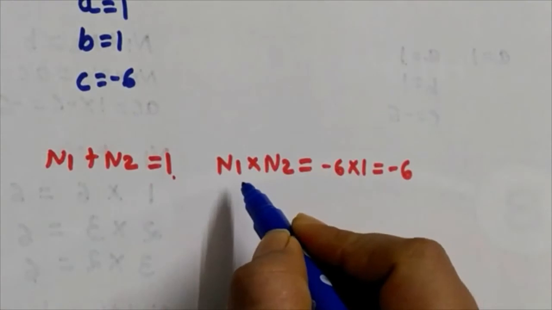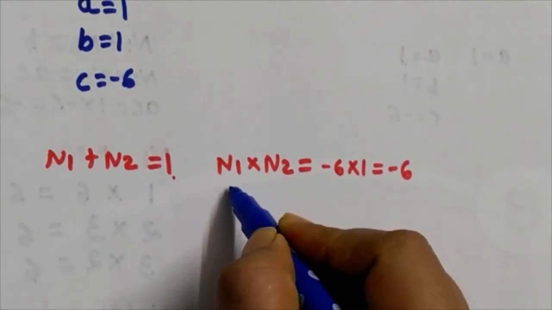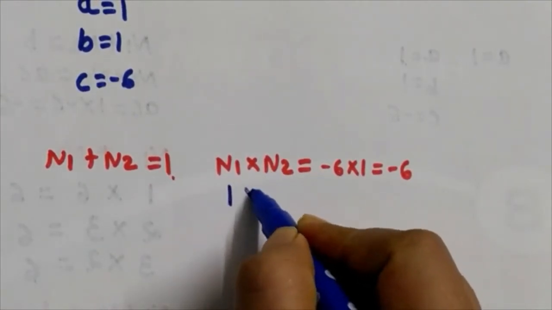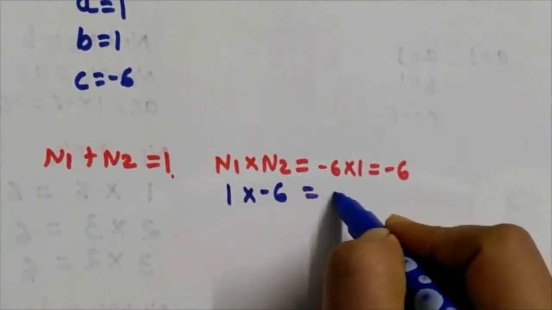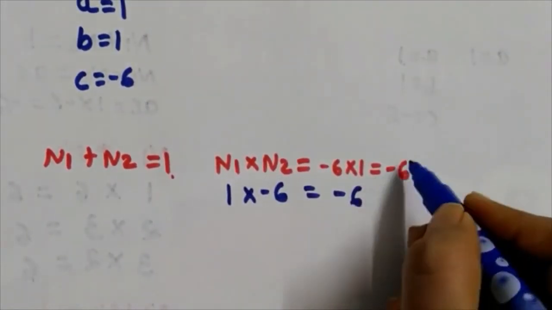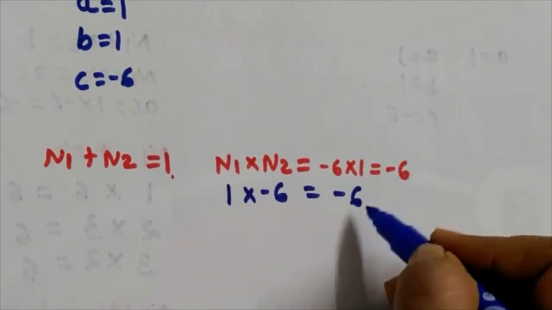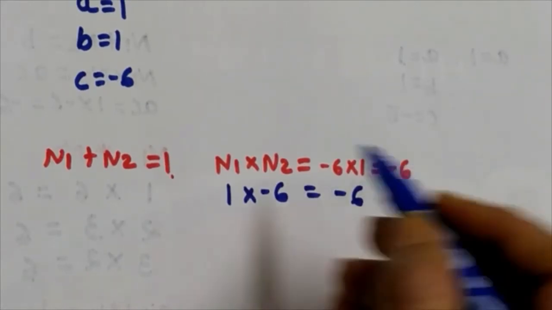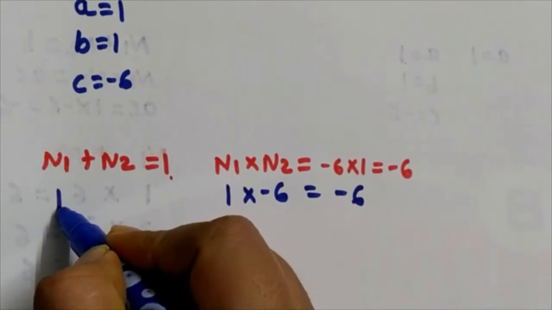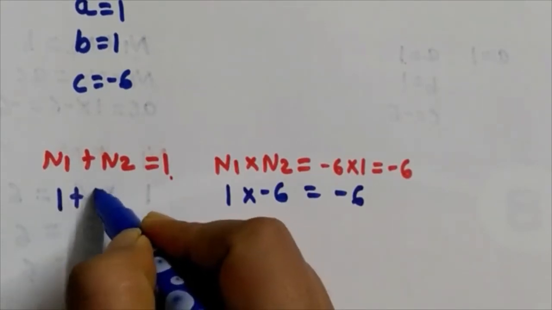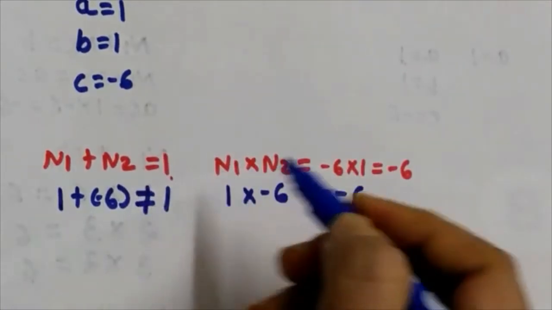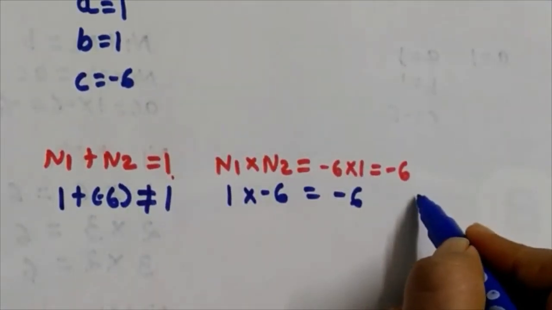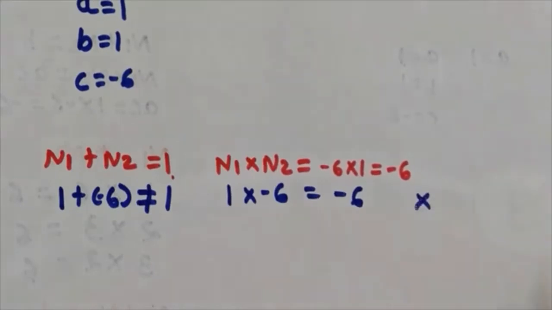If we take n1 as 1 and n2 as minus 6, then the answer will be minus 6. So you can see here when product of two numbers is minus 6. But when we add them, 1 plus minus 6 is not equal to 1. It means this condition does not fulfill.